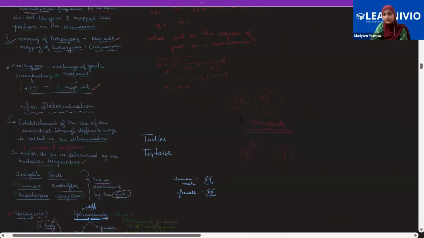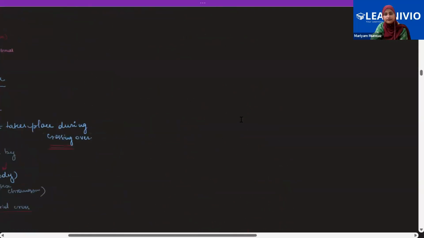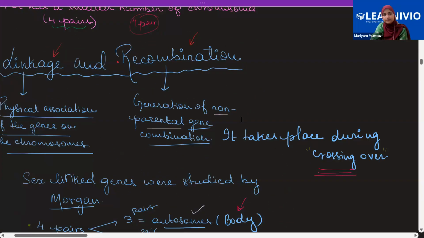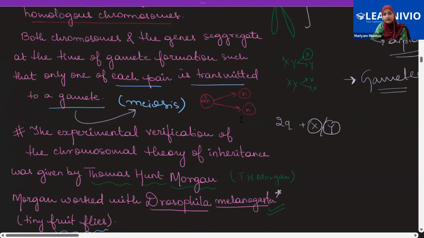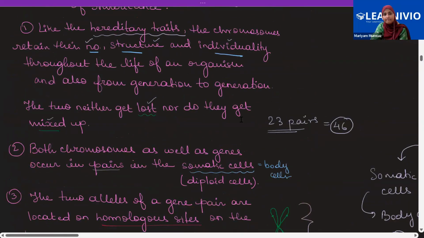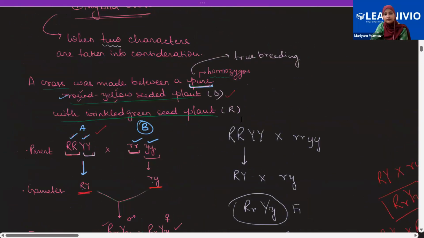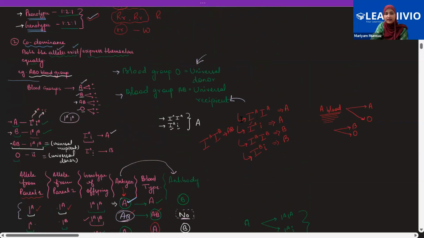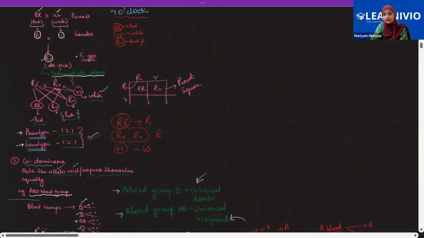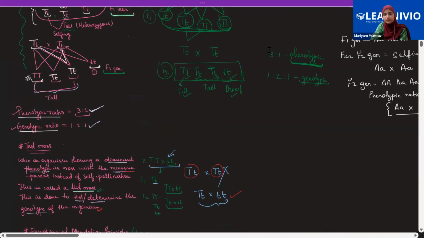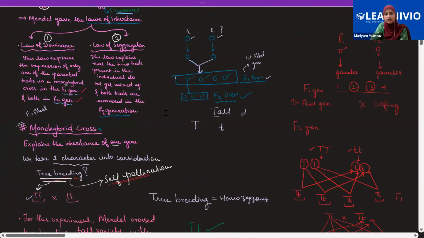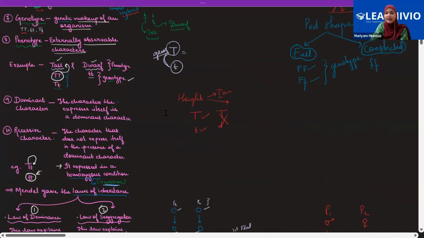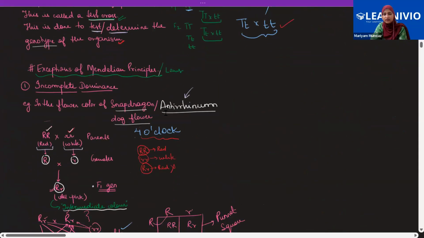Just tell me quickly. Monohybrid cross was completed, right? No, ma'am. We did the limitations of Mendel's law. Like, why was Mendel's law not recognized?